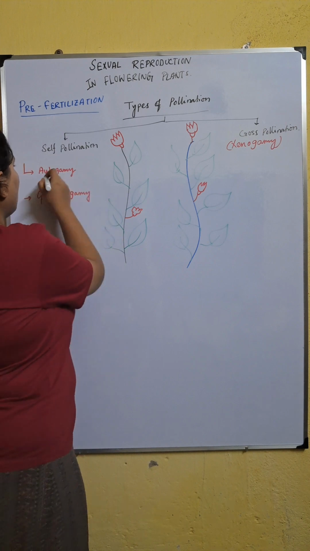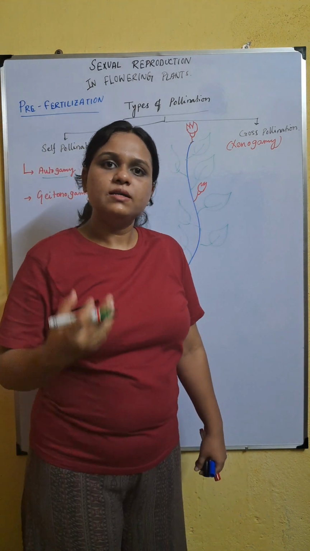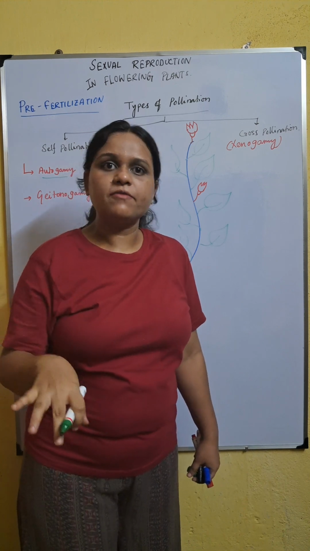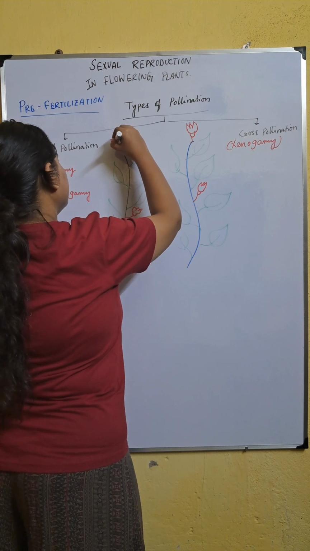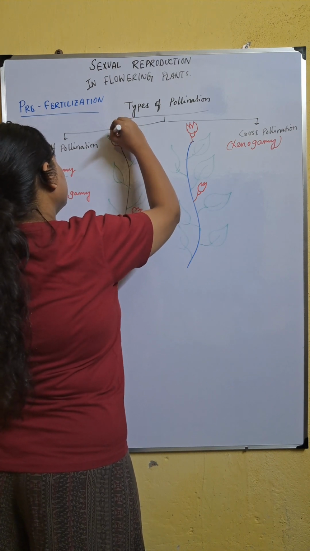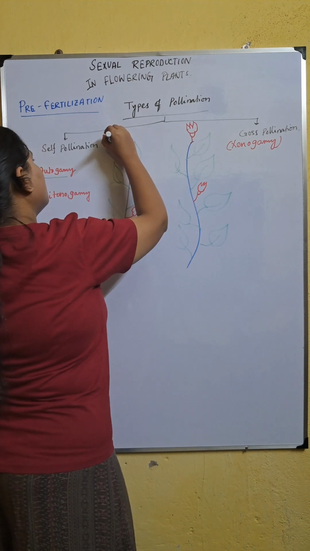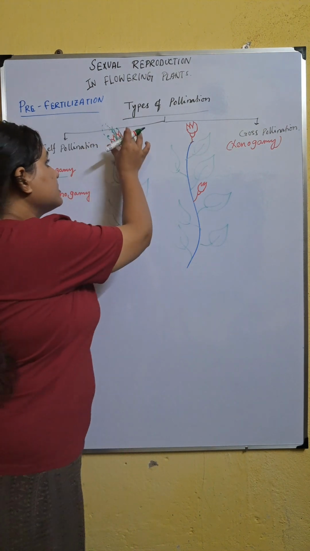Now, in case of autogamy, the pollen grains from the same flower go to the stigma of that flower only. So here, if these are the anther and this is the stigma, I am drawing this, this pollen grain will come to that stigma only, for the same flower.